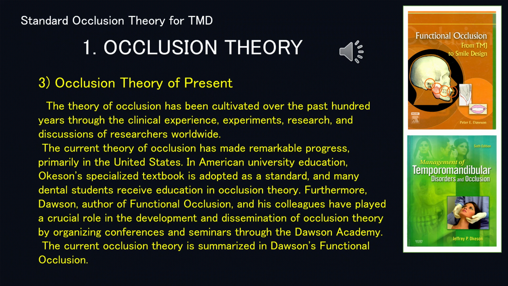In American university education, specialized textbooks on occlusion are adopted as a standard, and many dental students receive education in occlusion theory. Furthermore, Dawson, author of Functional Occlusion, and his colleagues have played a crucial role in the development and dissemination of occlusion theory by organizing conferences and seminars through the Dawson Academy. The current occlusion theory is summarized in Dawson's Functional Occlusion.